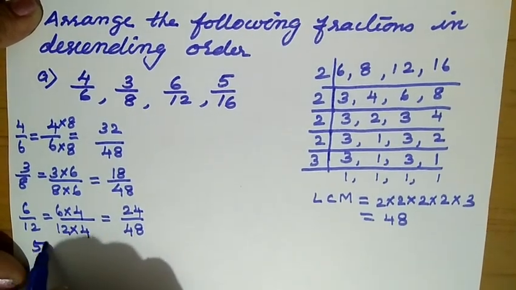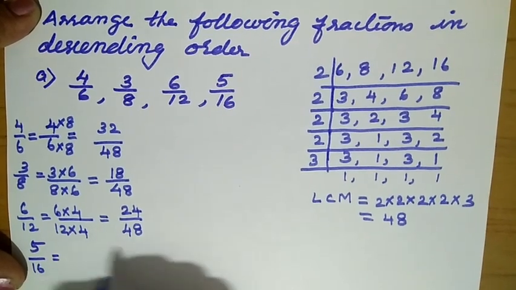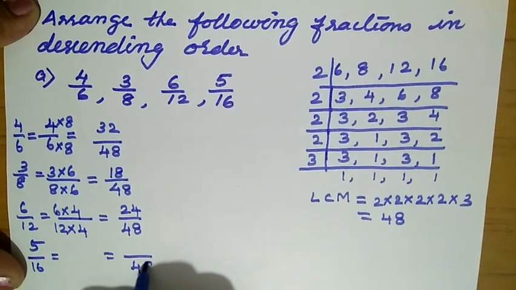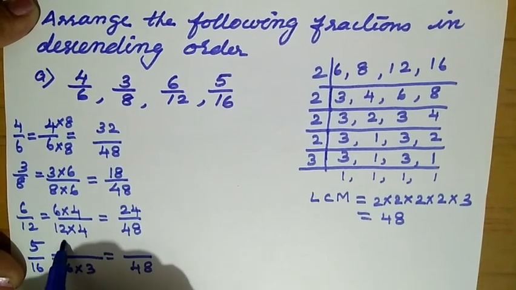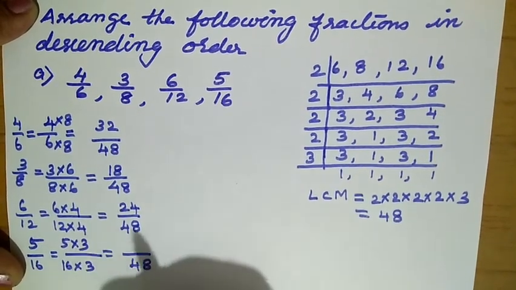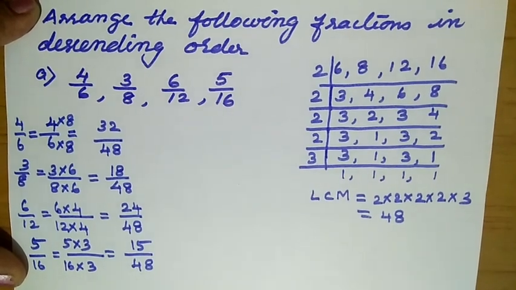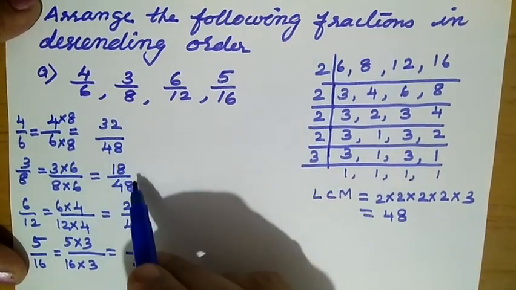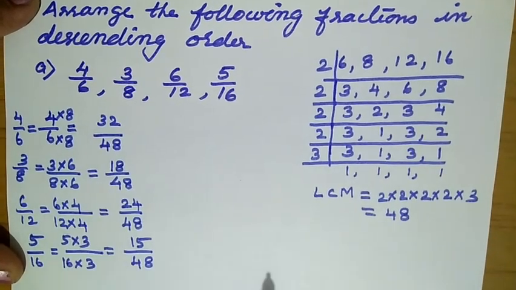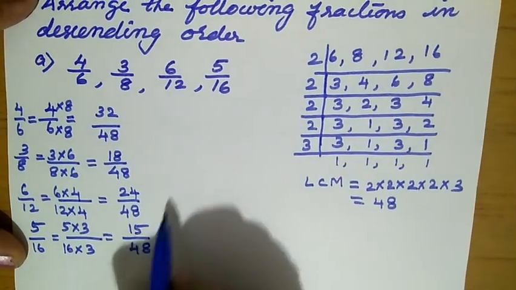Again 5 by 16. We want the denominator as 48, so 16 should be multiplied by 3, and 5 also multiplied by 3. So 15 by 48. Now we have the new equivalent fractions with the denominator 48.